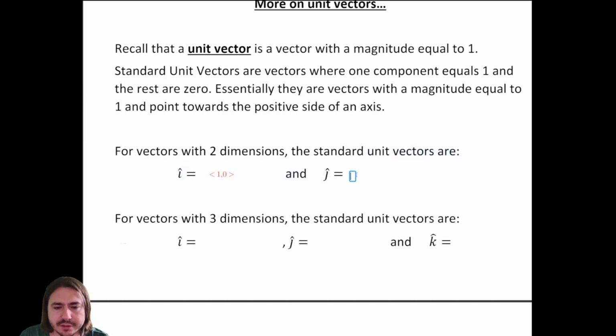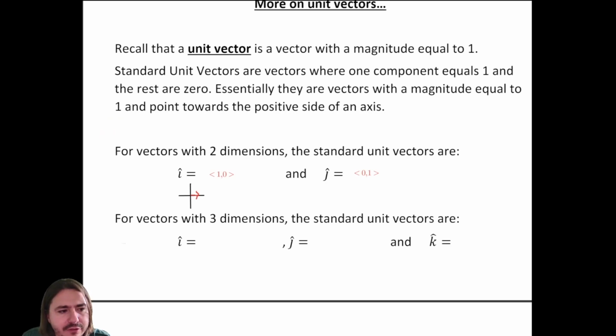j is going to represent the standard unit vector that's going in the vertical direction, so that will be (0, 1). And you can combine these vectors to create essentially any two-dimensional vector. Let me sketch it out just so you can see what these vectors look like. Like this, i is really just a 1 unit long vector in the horizontal direction.